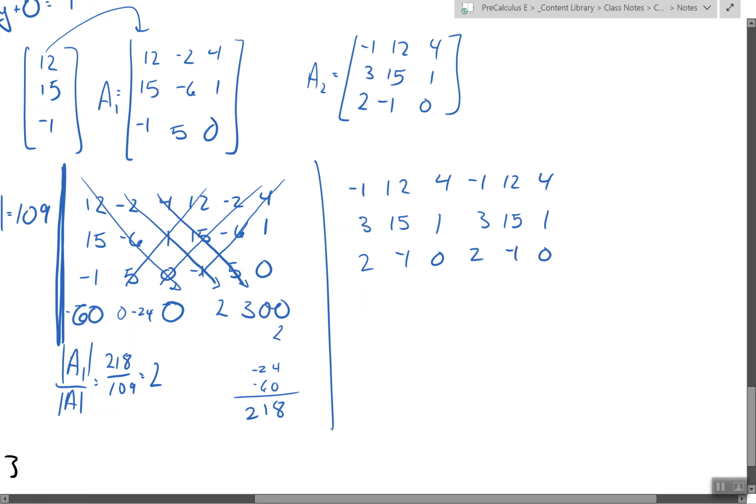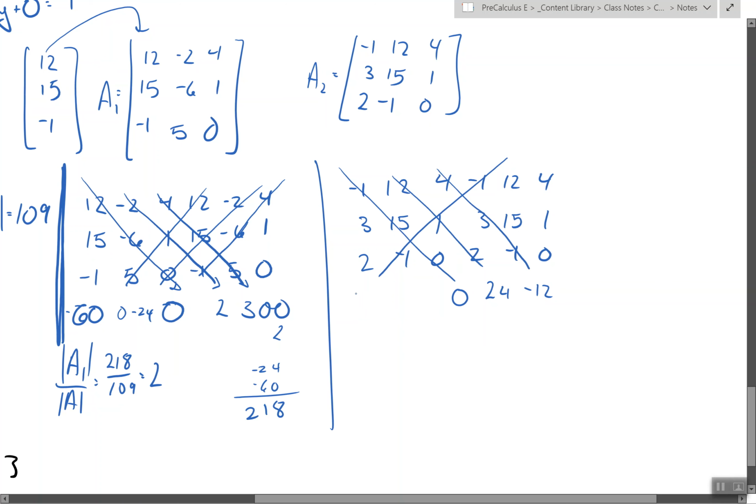Okay, so we're going to do multiplication correct this time, and that one's going to be a 0. 12 times 1 times 2 is 24, and 4, 3, and negative 1 makes negative 12. 1 times 1 times 1, so that's 1.